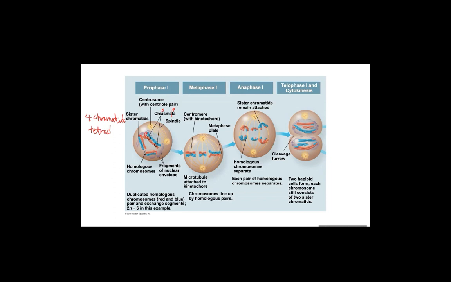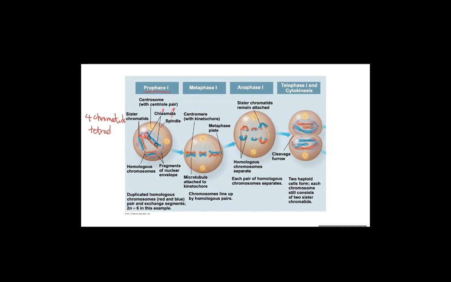Now, there are 2 places where genetic exchange occurs. That kind of chromosomal behavior can be observed in prophase 1 of meiosis. So chiasma occurs in prophase 1 of meiosis 1.